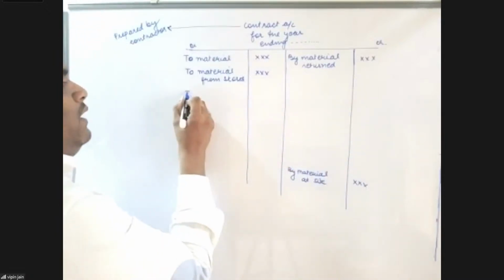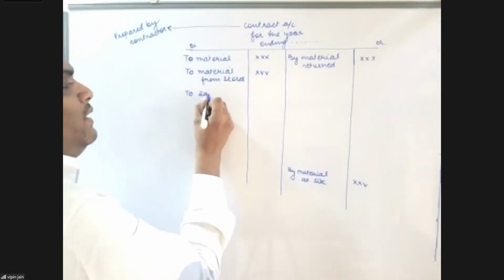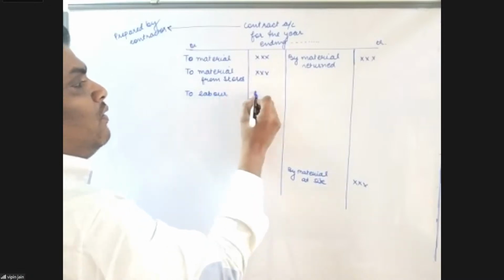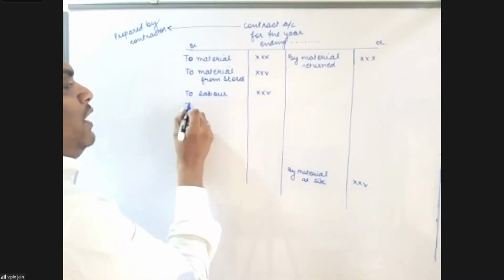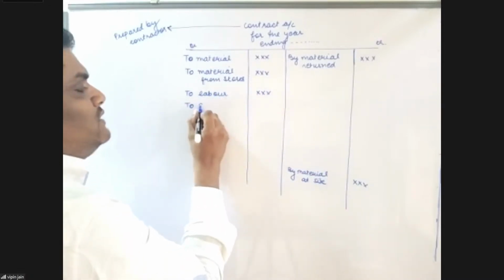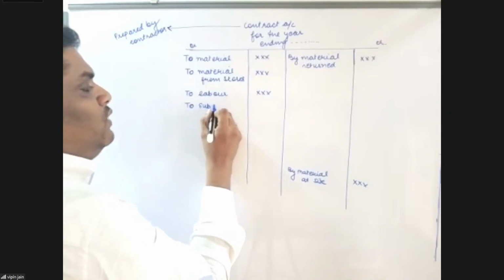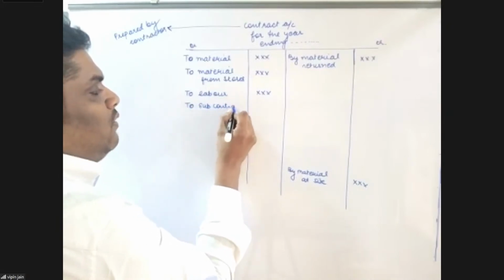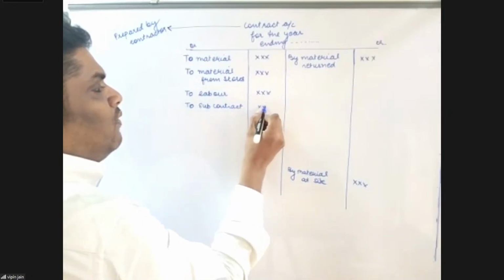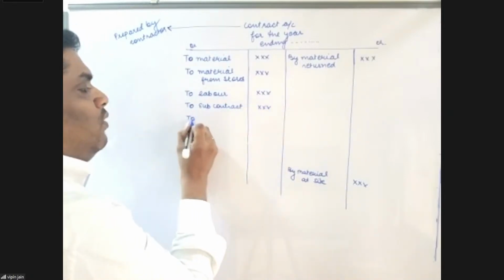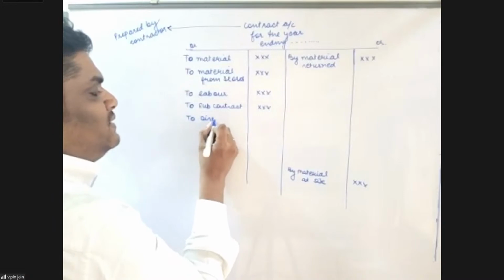Now let's record all the other costs, that is the labor cost. If we are giving anything on subcontract, then to subcontract cost. To other direct expenses.